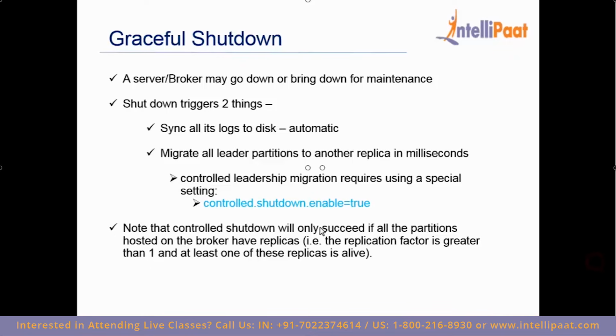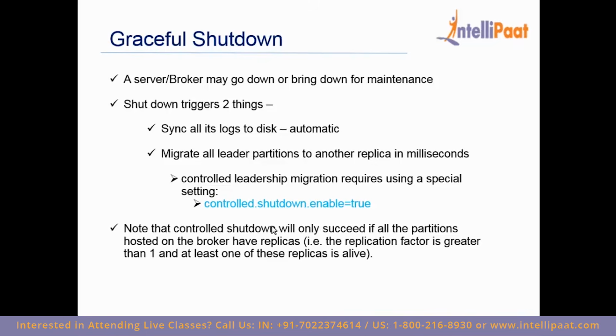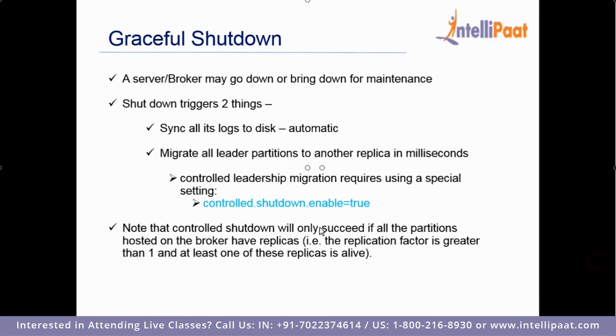To make this happen at every stage, we need to set this property controlled.shutdown.enable is equal to true. If this property is set, the leadership election will be done automatically by Kafka.